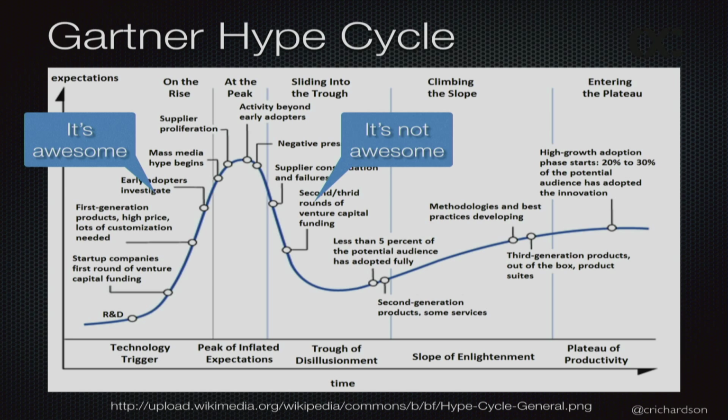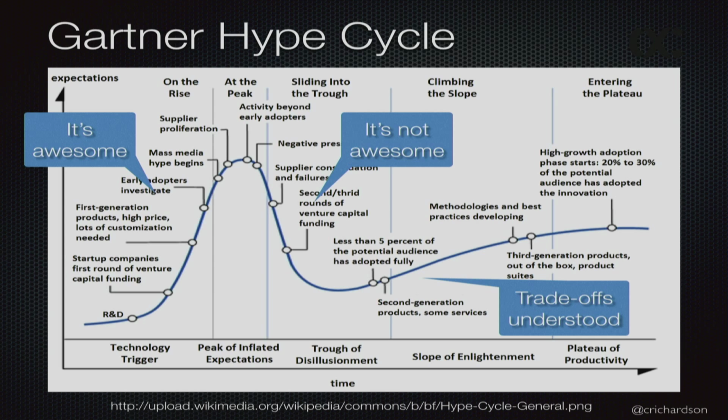But then people start to realize that every technology has both good and bad, and it's really how you use it that defines success. Then it starts heading up as the trade-offs are well understood, towards the slope of enlightenment and the plateau of productivity, where people have finally accepted there are right ways to apply a particular technology and wrong ways. Pretty much everything follows this cycle.